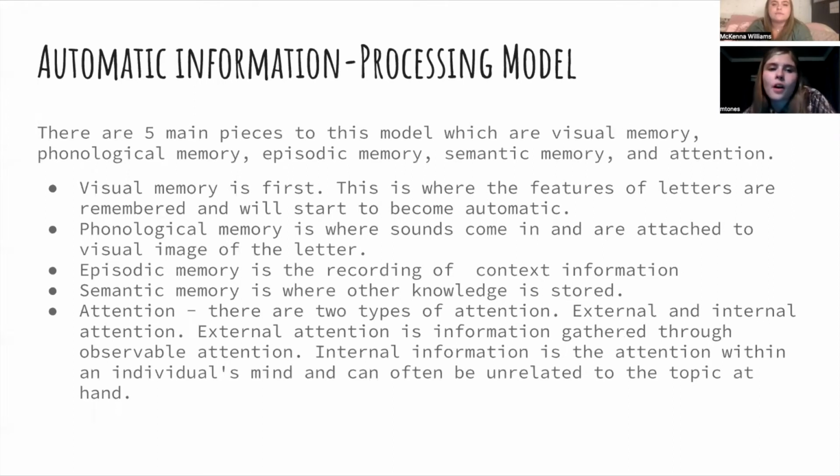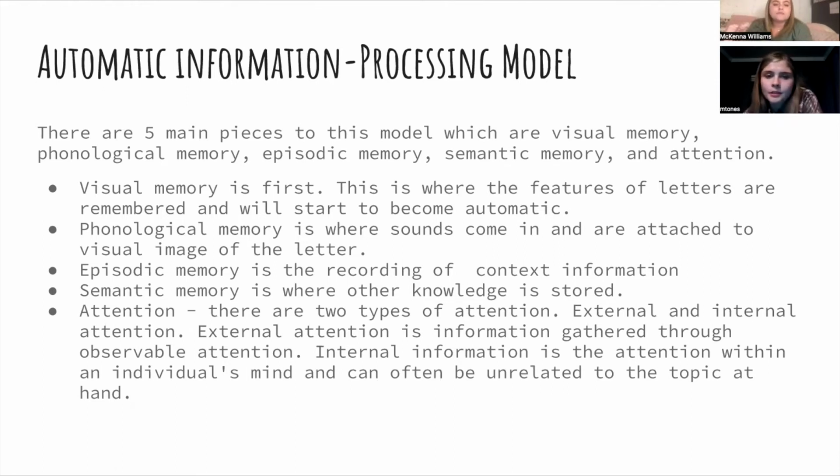Next, we have the automatic information processing model, and there are five main pieces to this model, which are visual memory, phonological memory, episodic memory, semantic memory, and attention. Visual memory is first. This is where the features of letters are remembered and will start to become automatic. Phonological memory is where sounds come in and are attached to the visual image of the letter.